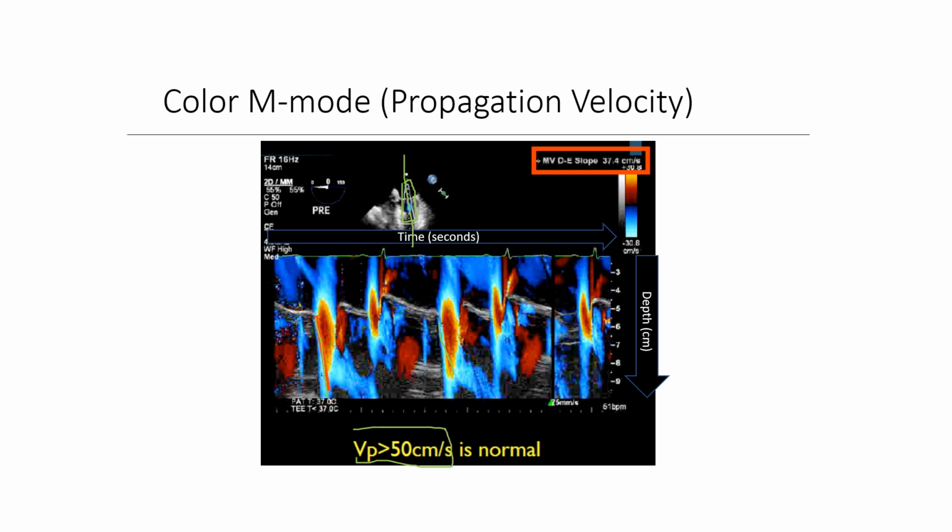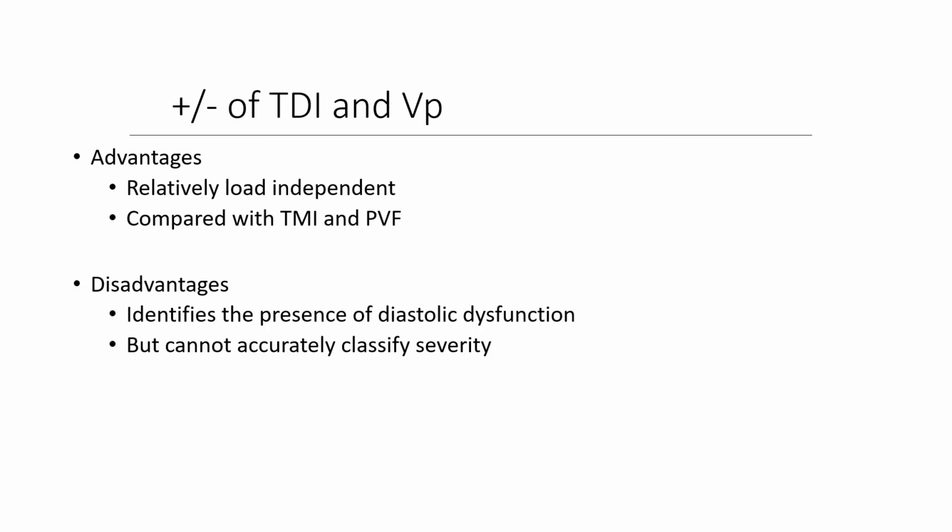A number greater than 50 centimeters per second is what is considered normal. However, the disadvantages are that you cannot really classify the severity of diastolic dysfunction. You can only identify whether or not there is diastolic dysfunction present.